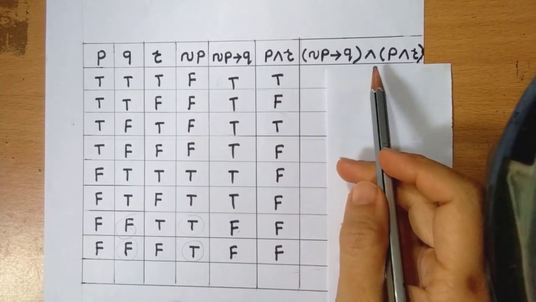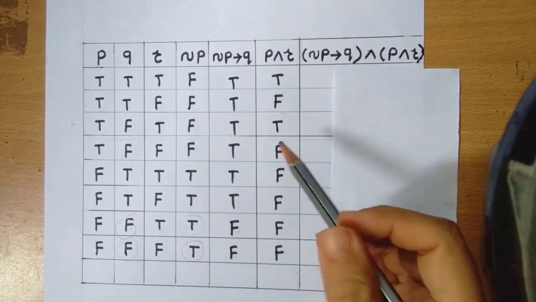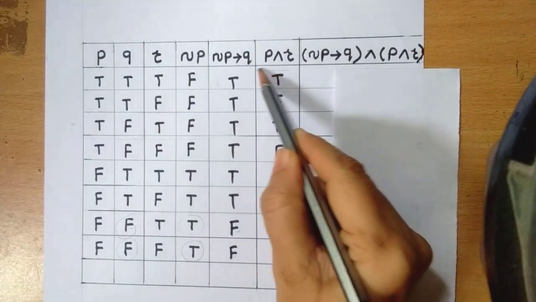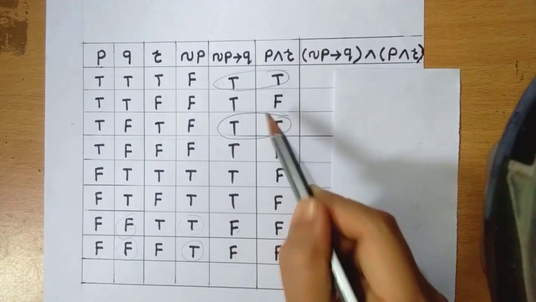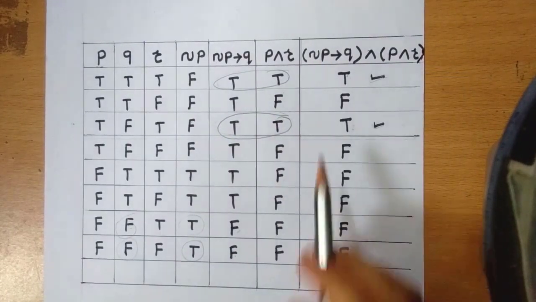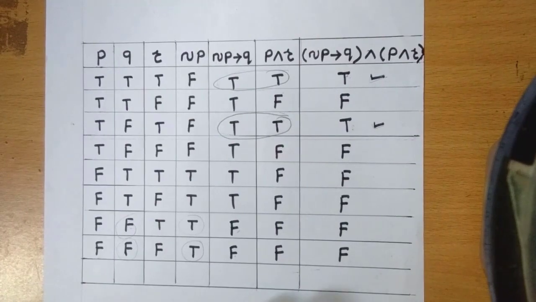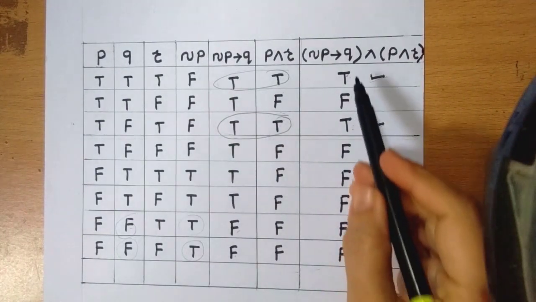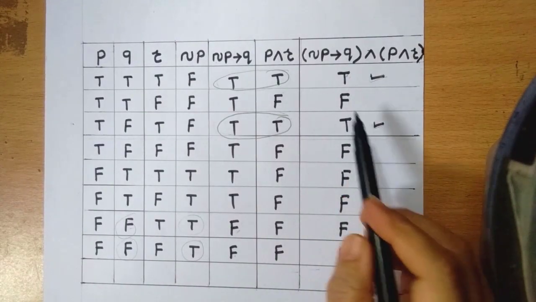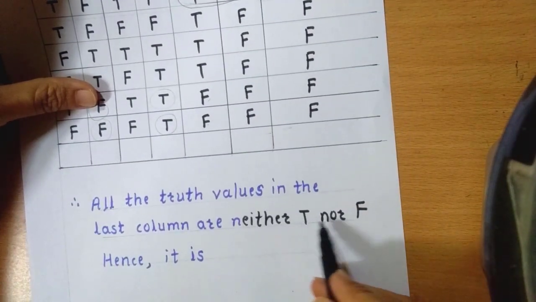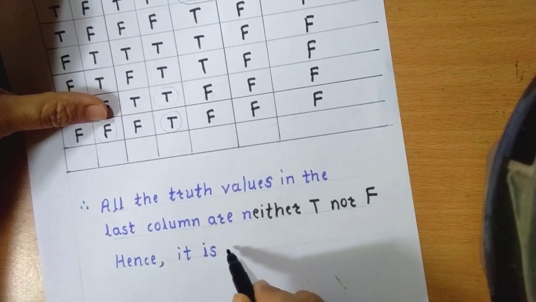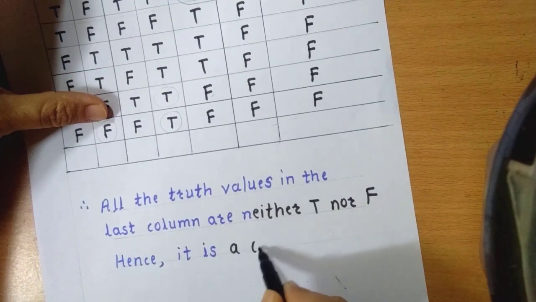And now the last column means conjunction between these two columns. And the rule of conjunction is if both are T, then write down T. Here also both are T, write down T. So here only we have written T and the other values are F. So again we can observe in the last column some values are T and some values are F. So in this case we can say that this is neither tautology nor contradiction, hence it is a contingency.